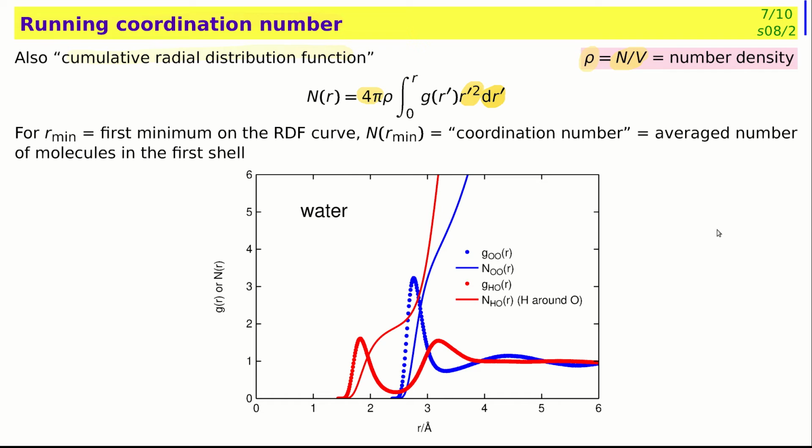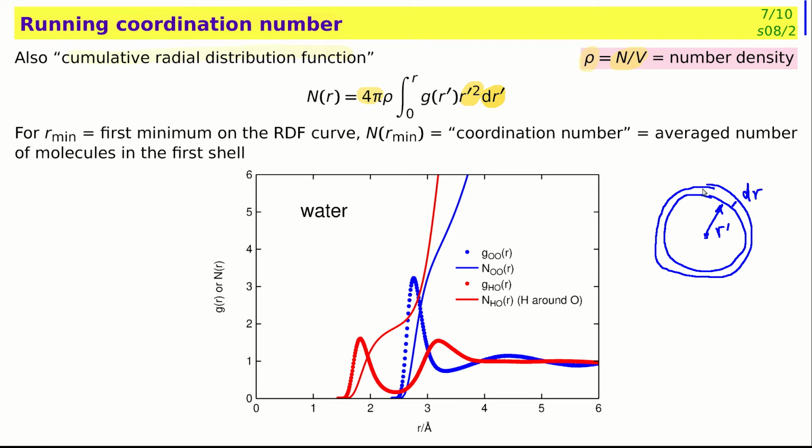If I draw it, it means that I have a sphere around the central atom. This distance is r or r bar here, and I can imagine a tiny, very thin shell of dr here.